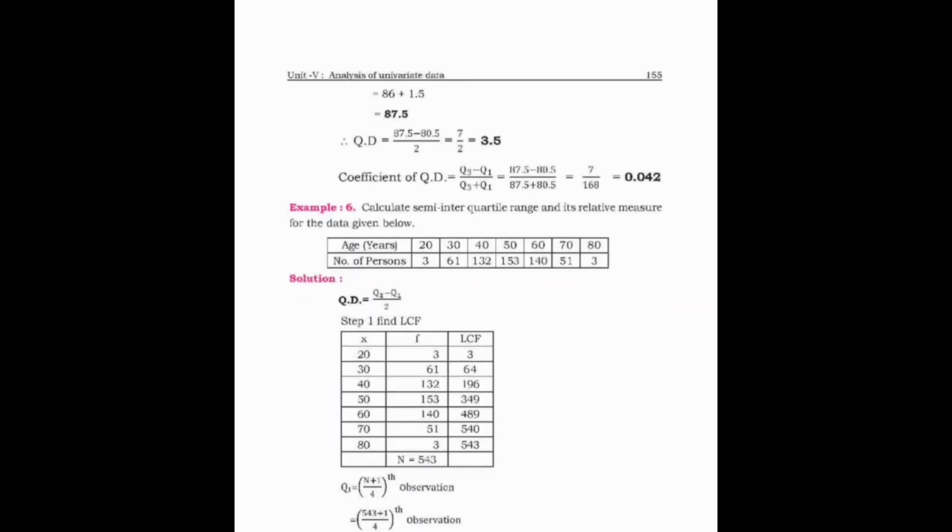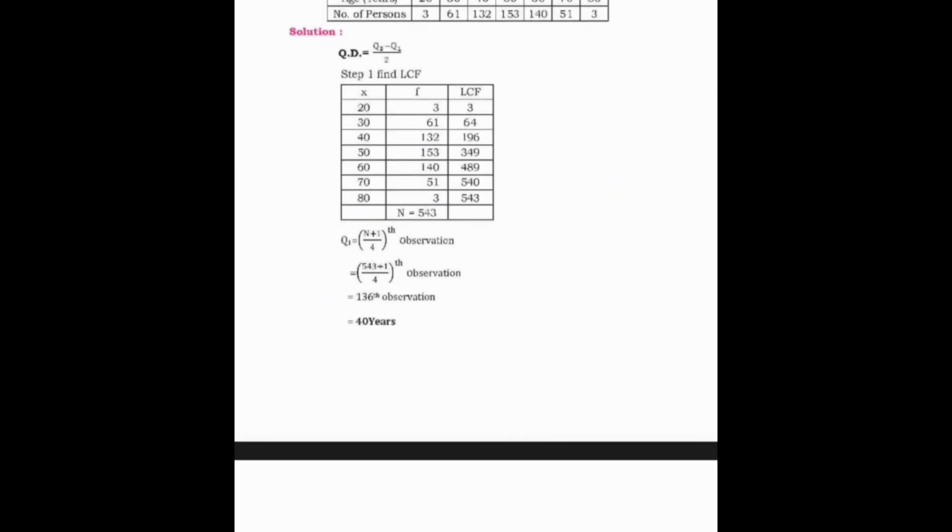Discrete case means that X is given and F, not a class interval, it is a discrete case. Then you must take the LCF. Observe the LCF: 3 as it is, 3 plus 61 is 64, 64 plus 132 is 196, 196 plus 153, like that you go on considering the LCF values.